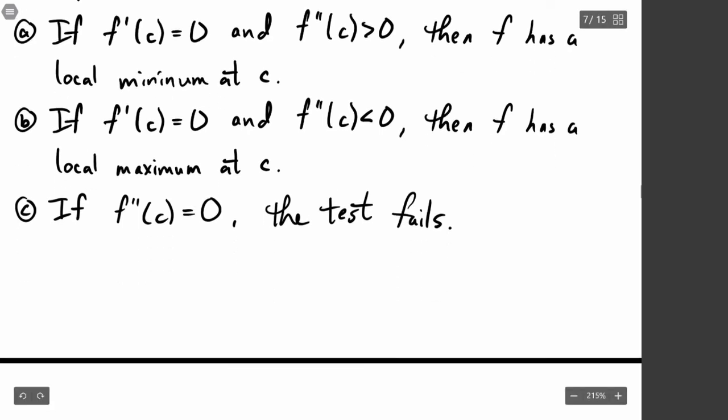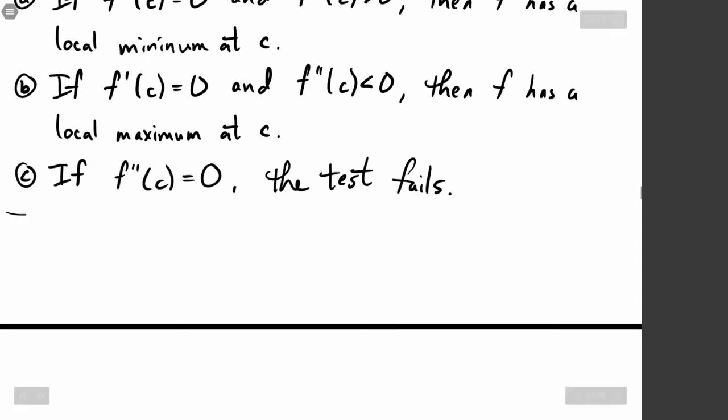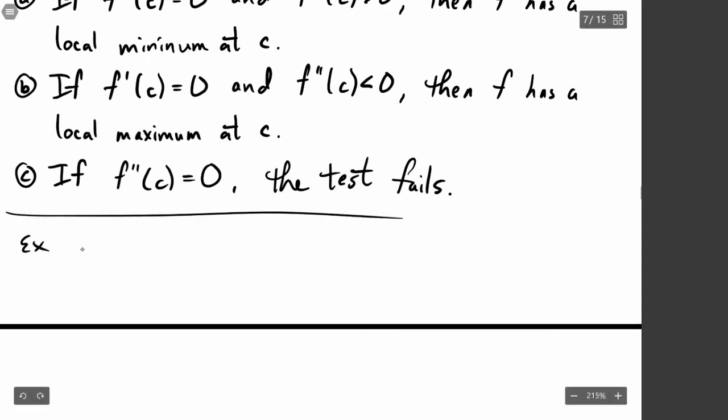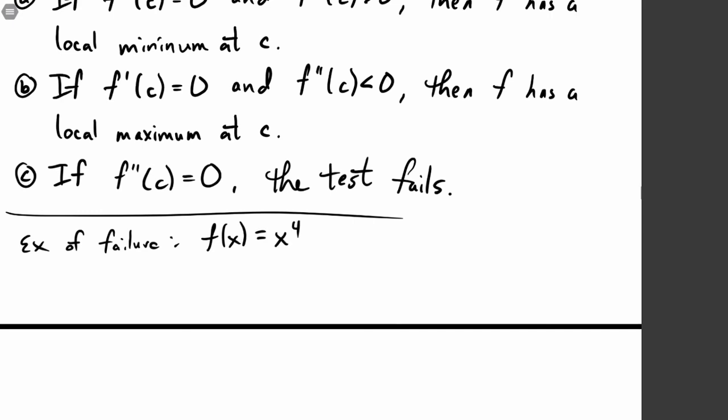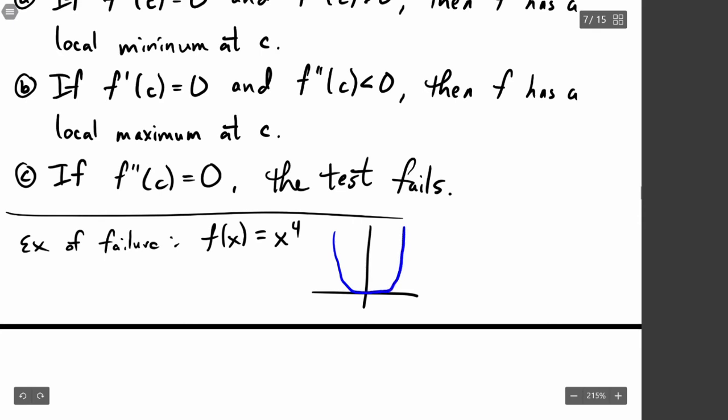An extreme example, an example of failure, would be to consider the function f of x equals x to the 4th. If you graph this, you're going to find something like this going on.